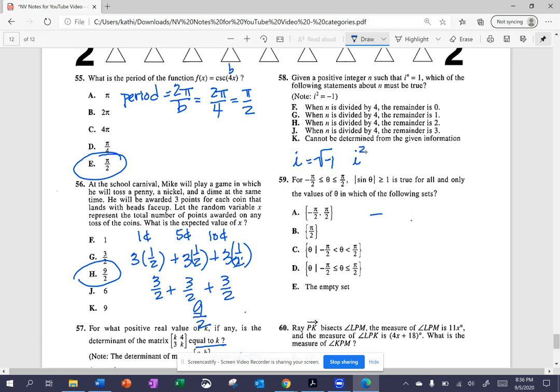So i squared equals negative 1. i cubed equals negative i. And i to the 4th equals 1.